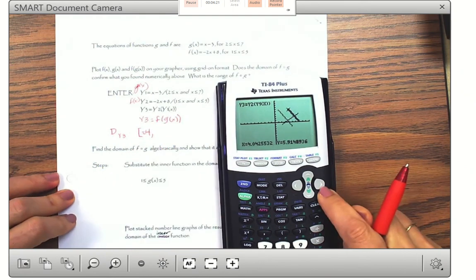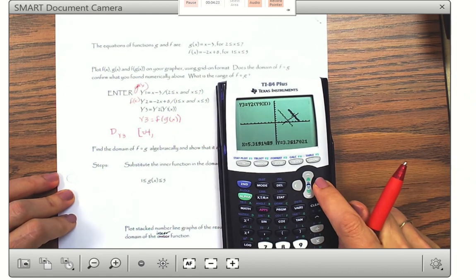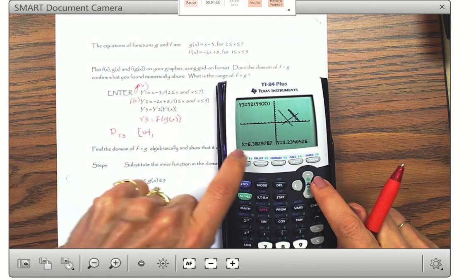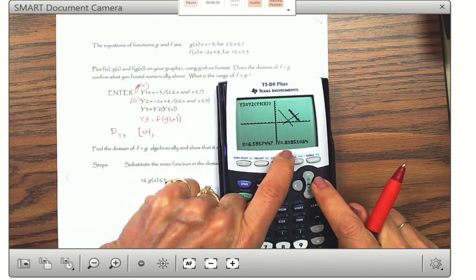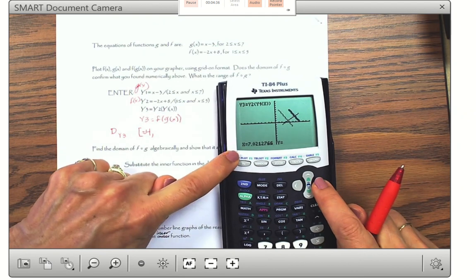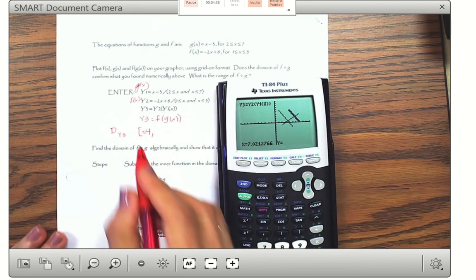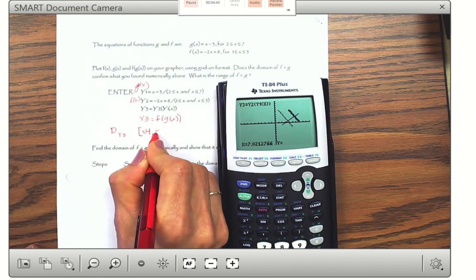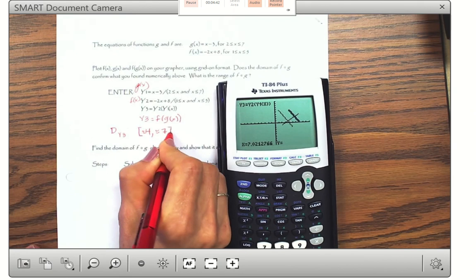Now I'm going to continue moving to the right until I reach the right end of that line. On the bottom of my screen, I'm looking for where I run out of y's. So the first x where I don't have a y is when x is just barely over 7. So I'm going to assume my domain ends somewhere around 7.